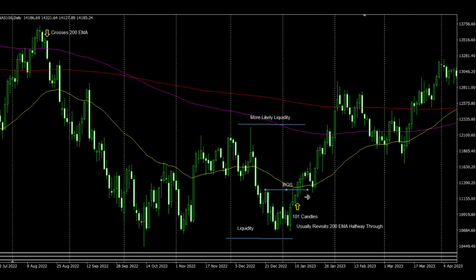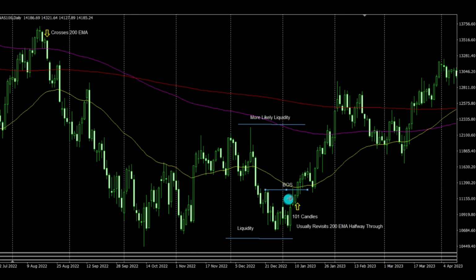But in terms of the daily bias, we will see how this candle that broke the structure is 101 candles from the initial crossing of the 200 EMA. That makes the likelihood of price continuing further for another 101 candles not likely, because it has to revert back to this 200 EMA.